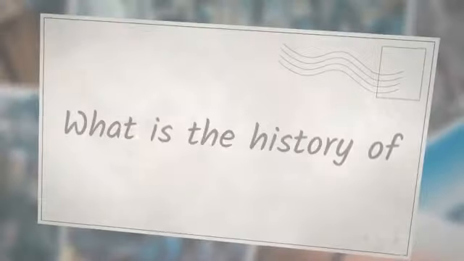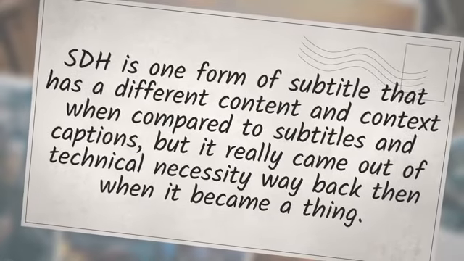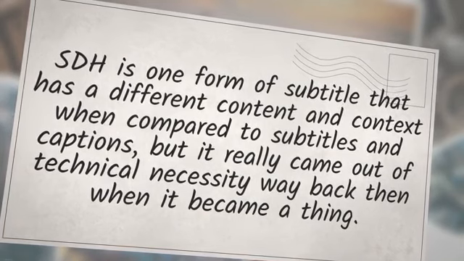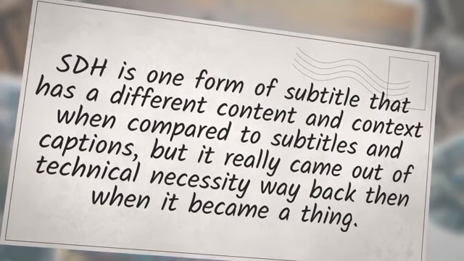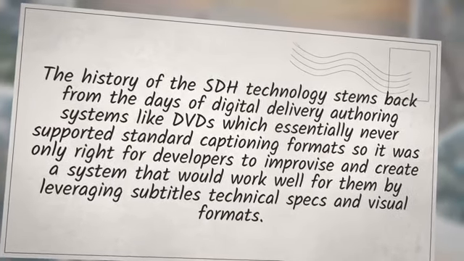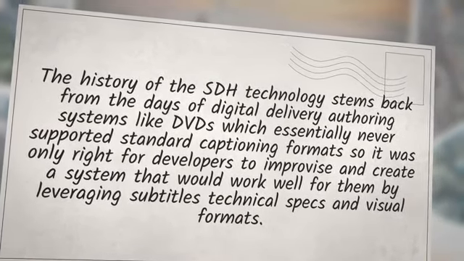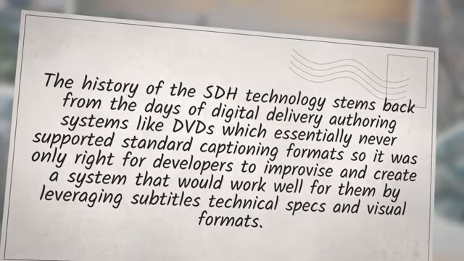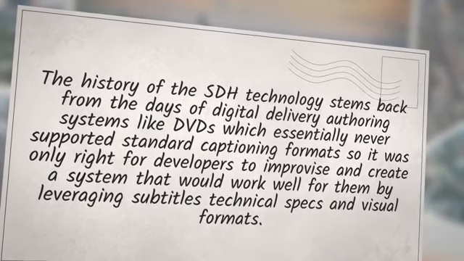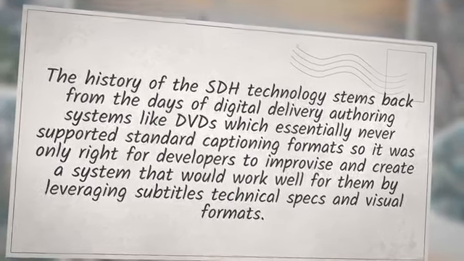What is the history of SDH? SDH is one form of subtitle that has a different content and context when compared to subtitles and captions, but it really came out of technical necessity way back then when it became a thing. The history of the SDH technology stems back from the days of digital delivery authoring systems like DVDs, which essentially never supported standard captioning formats, so it was only right for developers to improvise and create a system that would work well for them by leveraging subtitles, technical specs, and visual formats.